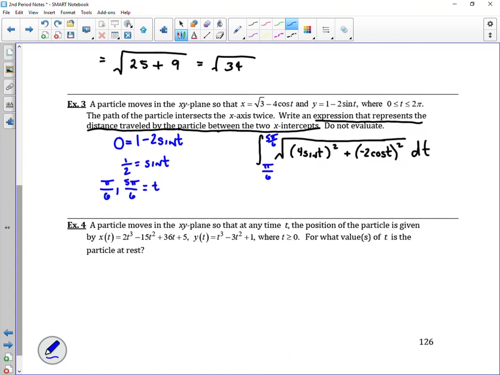Example 4, a particle moves in the xy plane. Here's x of t and y of t. For what values of t is the particle at rest? So, what does that mean? Velocity equals 0.